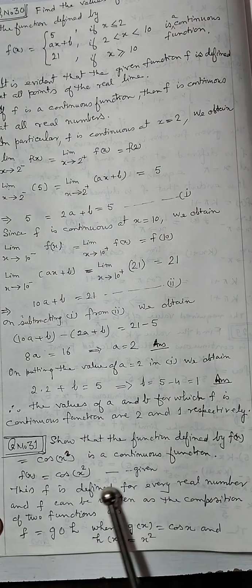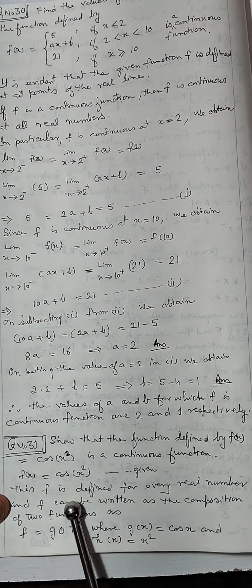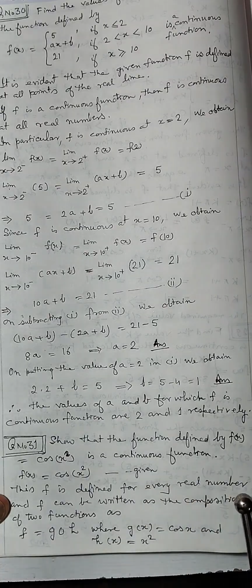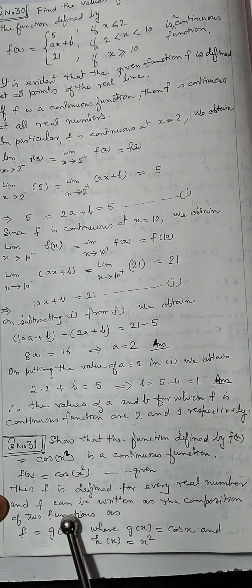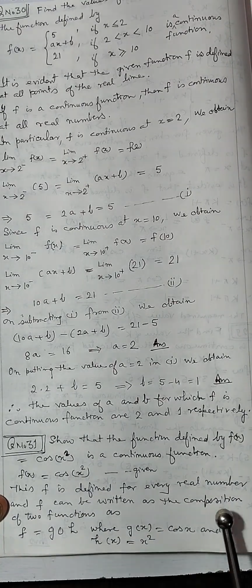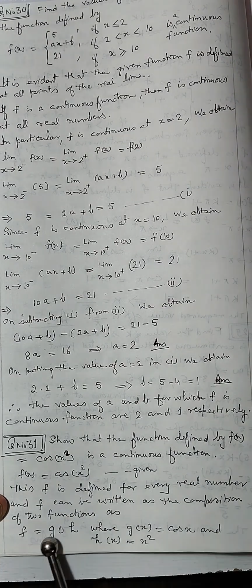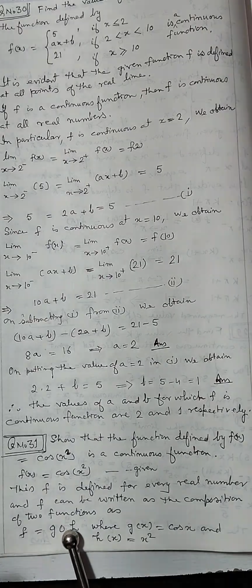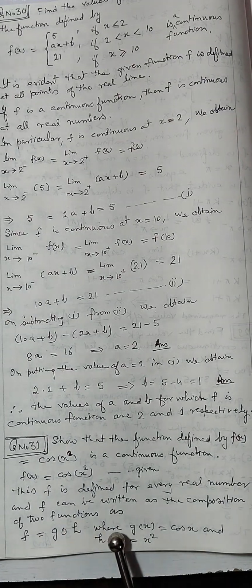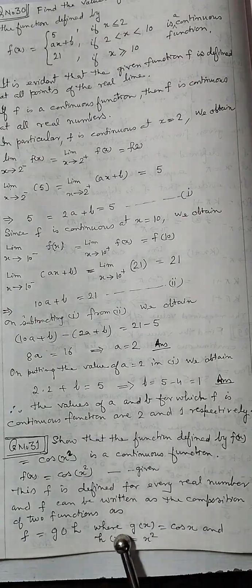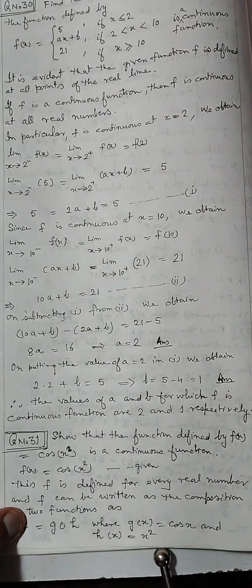This function is defined for every real number, and f can be written as the composition of two functions, as f is equal to g of h, where g(x) is equal to cos x and h(x) is equal to x square.